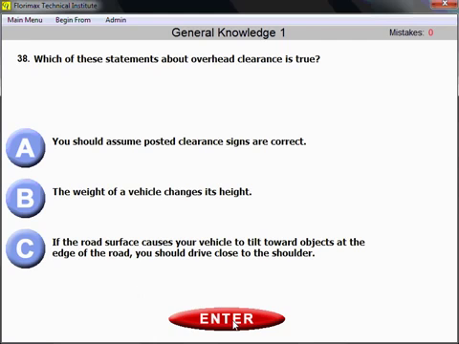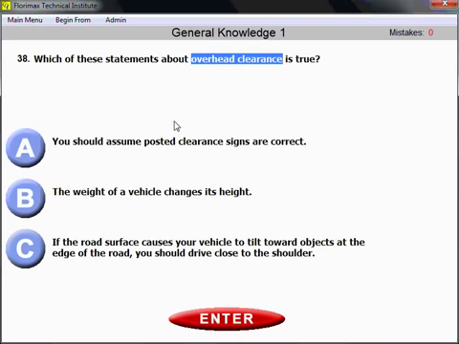Question 38. Which of the statements about overhead clearance is true? Overhead clearance is the distance between the top of your vehicle and the lowest point of some bridge or tunnel, something you need to go under. That is called overhead clearance.